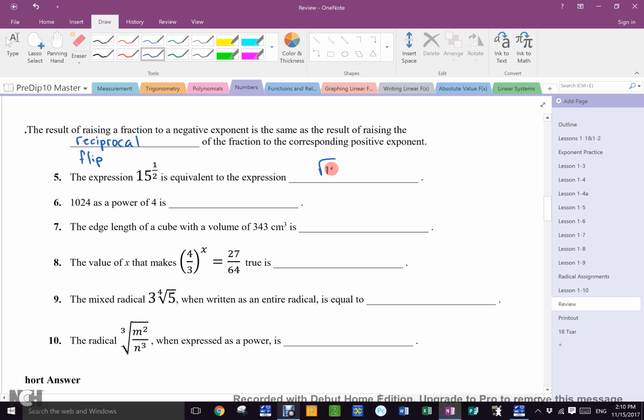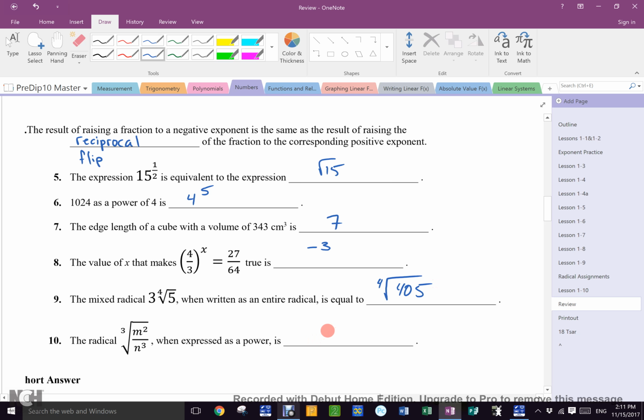That is root 15. That is 4 to the 5th. That is 7. No. Yes. That is negative 3. That is 4th root of 405.